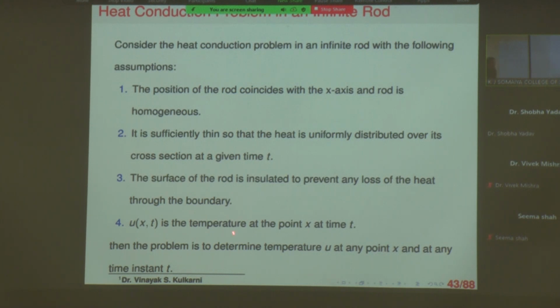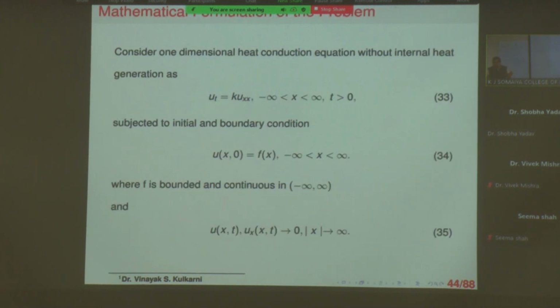And u(x,t) represents the temperature at the point x at the time instant t. So the problem is again to determine the temperature u at x and t. So this is the problem under consideration. Everything is exactly the same. Only, as I told you, the domain now changes; x ranges over the whole real line.